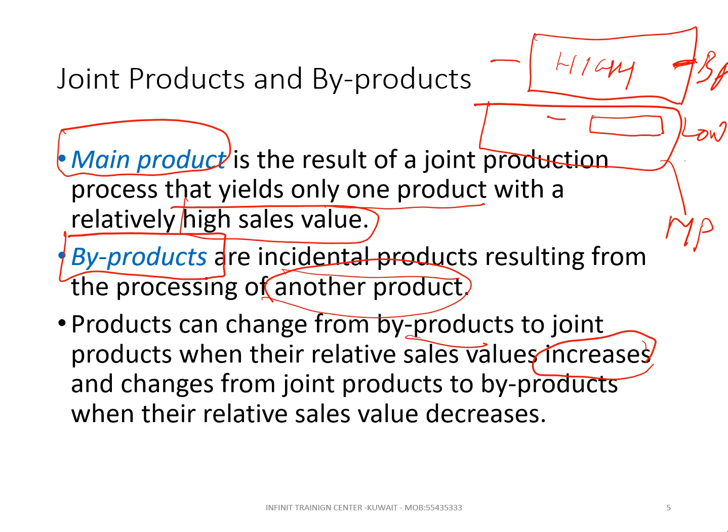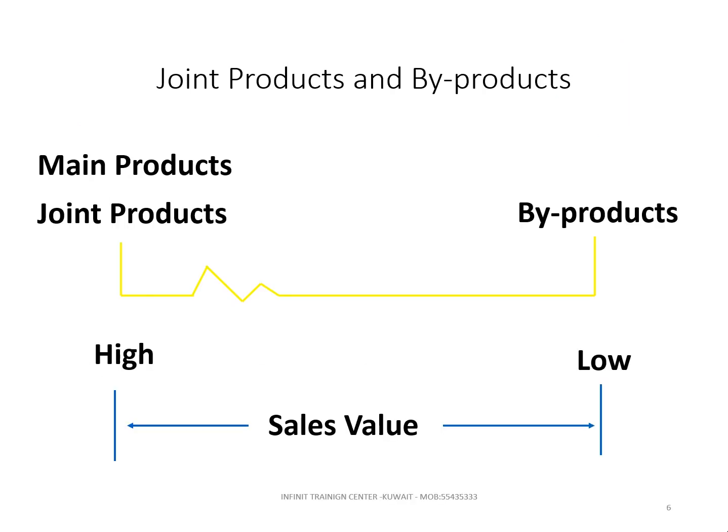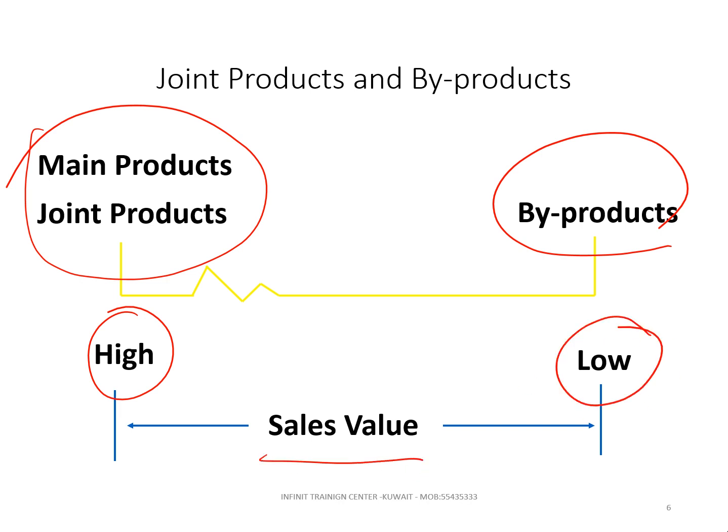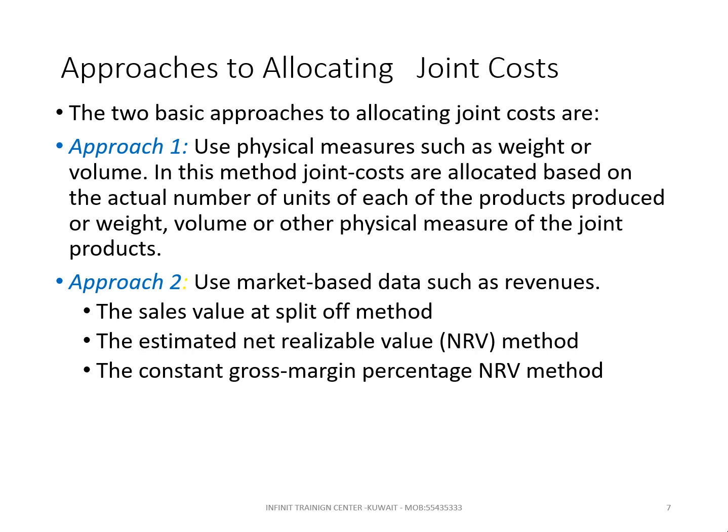So if a byproduct's sales value is increasing, it can change from byproduct to main product, and if a main product's value is decreasing, it can be changed to a byproduct. That is what is explained here. Main products or joint products are high in value, byproducts are low in sales value. So now we will be doing the allocation of joint cost.